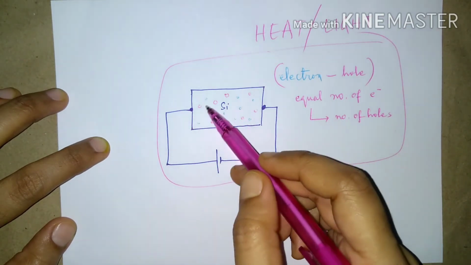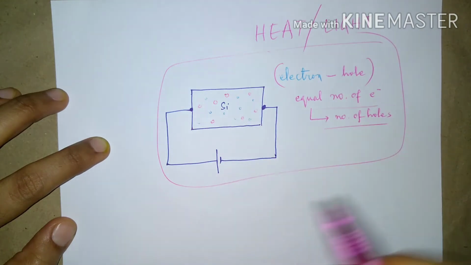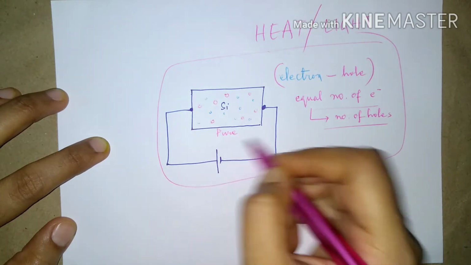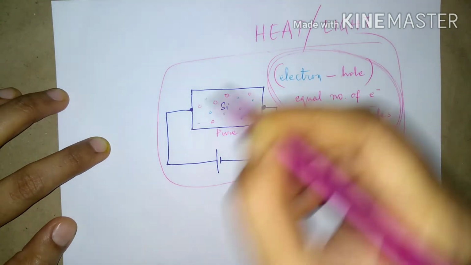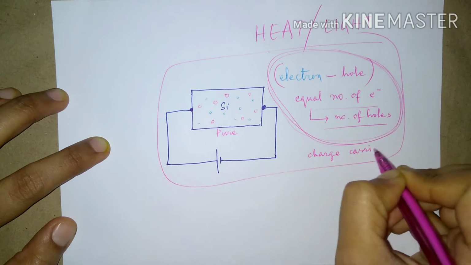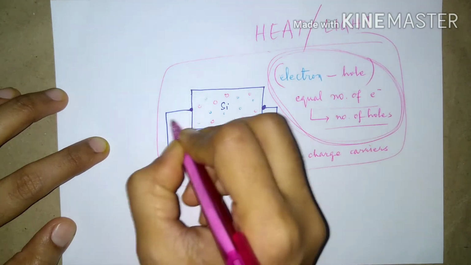Fine. So let us not count all those, but you should be aware of this fact. That is the case with pure silicon, and these are the charge carriers which contribute to the current.